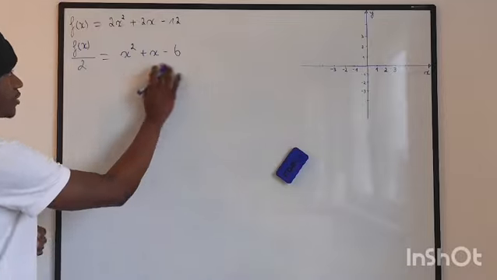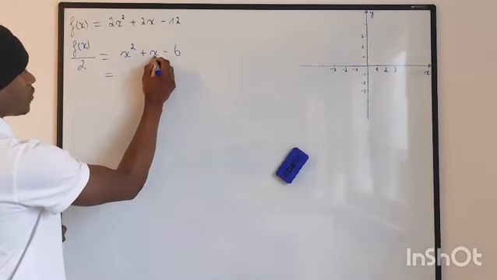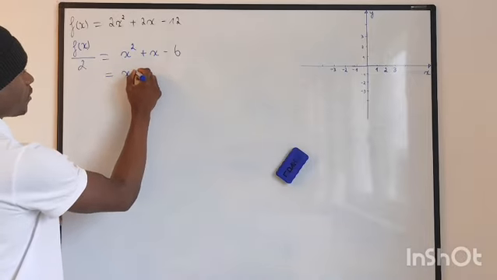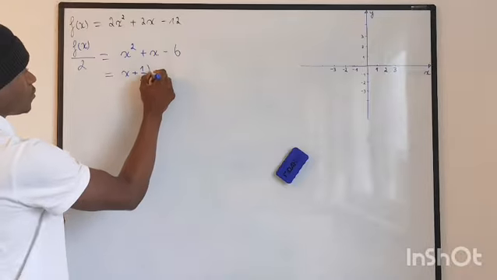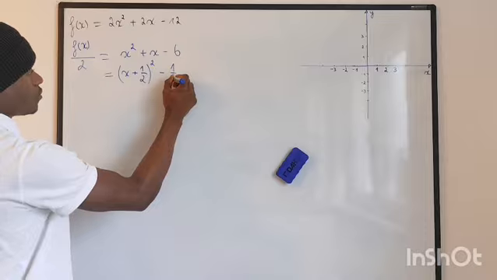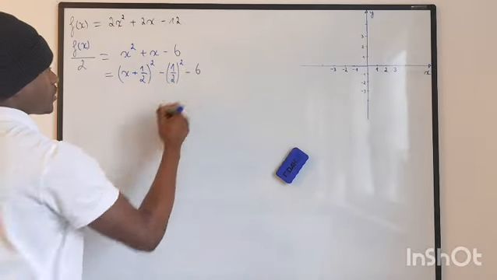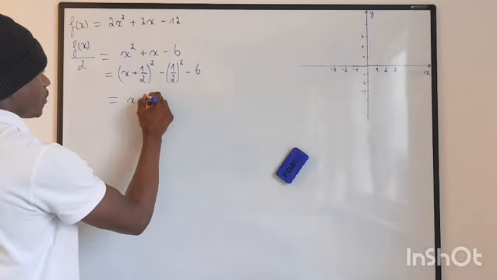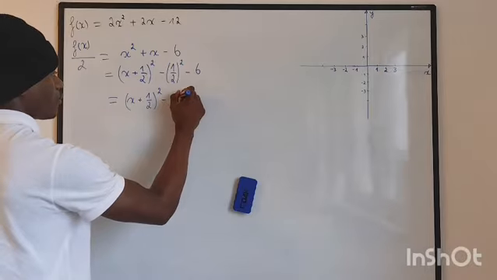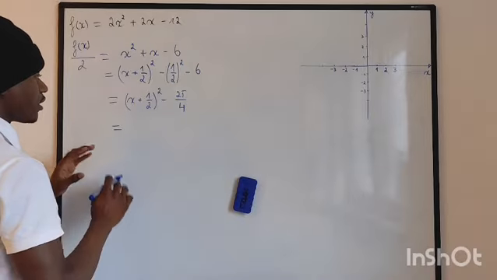So the next step will be to divide the coefficient of x by 2, and then I have directly the form (x plus 1 over 2) squared minus (1 over 2) squared minus 6, which is (x plus 1 over 2) squared minus 25 over 4.